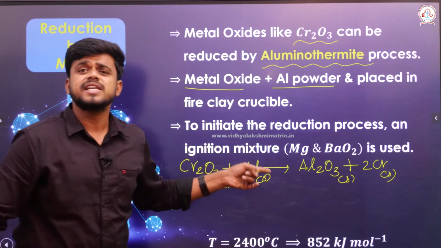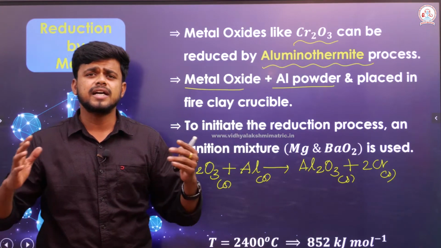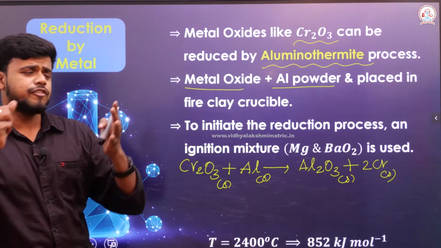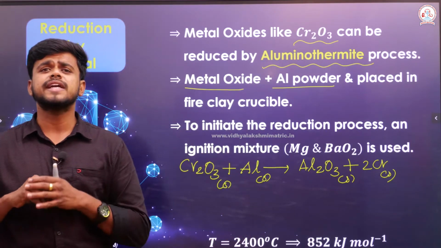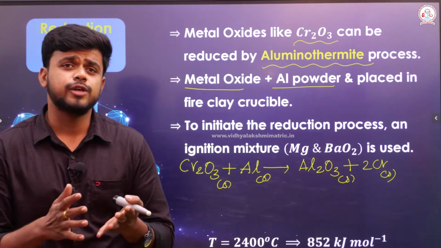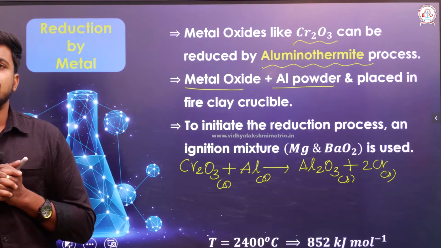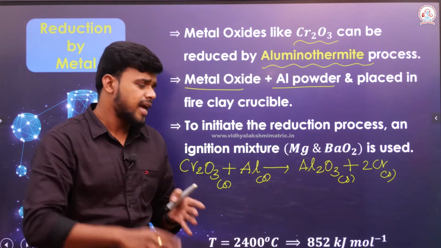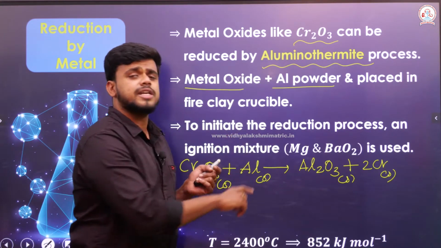In order for this reaction to occur, I need a greater amount of heat. How much heat do I require? I require 2400 degrees Celsius of heat, in the form of energy, 852 kilojoule per mole. That energy can't be generated when a reaction is carried out between chromic oxide and aluminium itself.